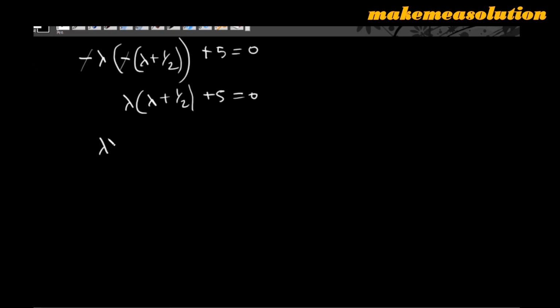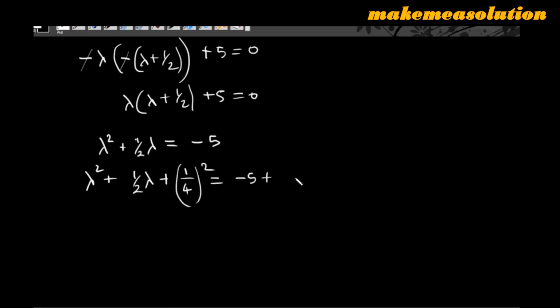So lambda squared plus half lambda will be equal to minus 5. So for lambda squared plus half lambda, we need to add half the coefficient of lambda, that's (1 over 4) squared, to both sides: minus 5 plus (1 over 4) squared.